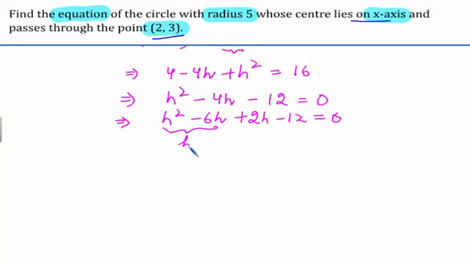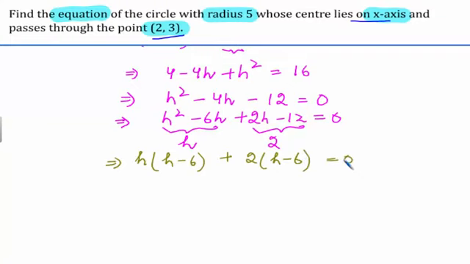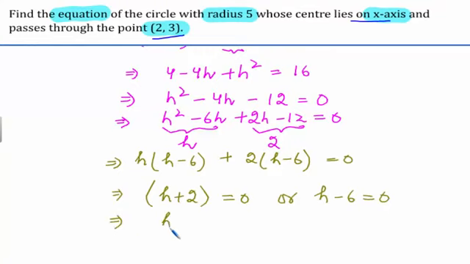Taking h common from the first two terms and 2 common from the last two terms, this can further be written as h into h minus 6 plus 2 into h minus 6 is equal to 0. So this implies h plus 2 is equal to 0, or h minus 6 is equal to 0. So this implies that h is equal to minus 2 or 6.